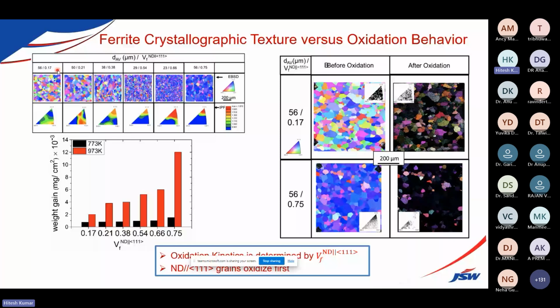In mechanical terms, if you want to improve the ductility of your material, you can change to the gamma texture, and your material is going to have good ductility.